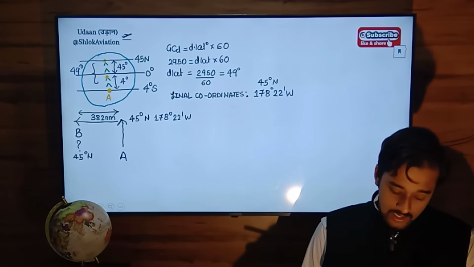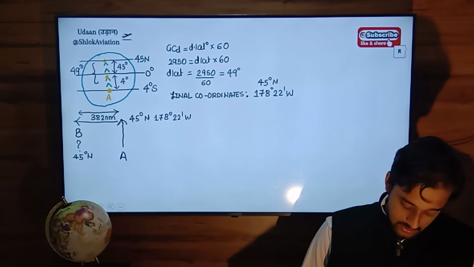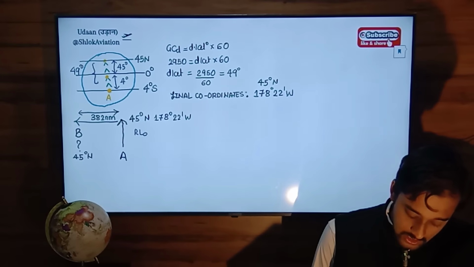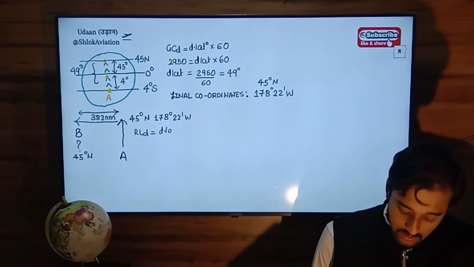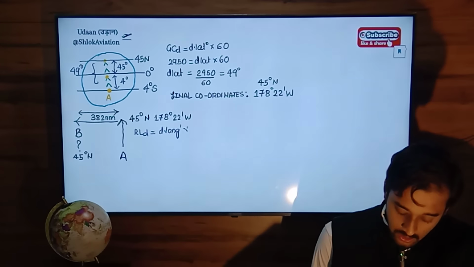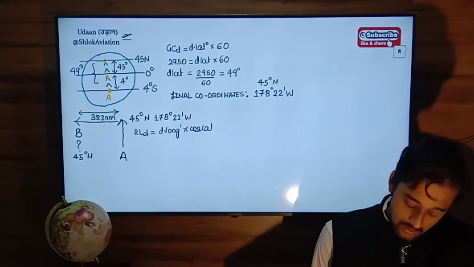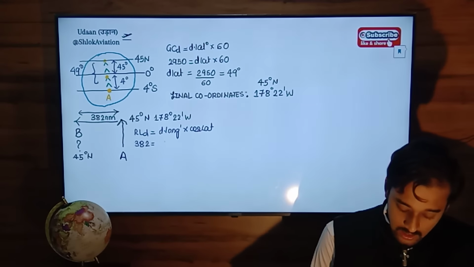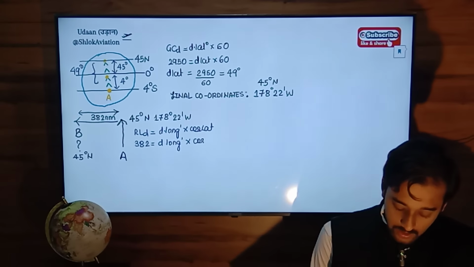Now let's solve this rhumb line distance. Rhumb line distance equals D long in minutes times cos lat. So 382 is D long times cos 45.